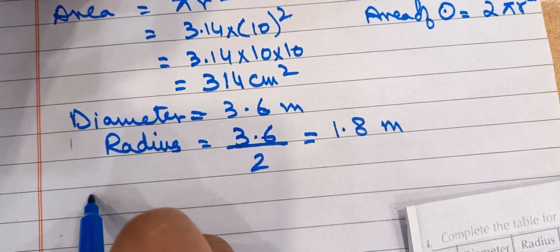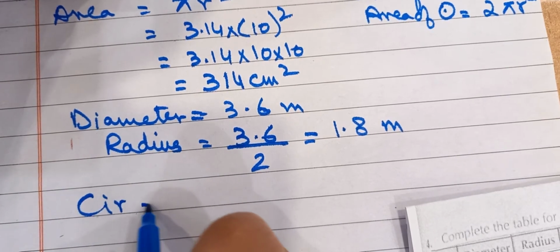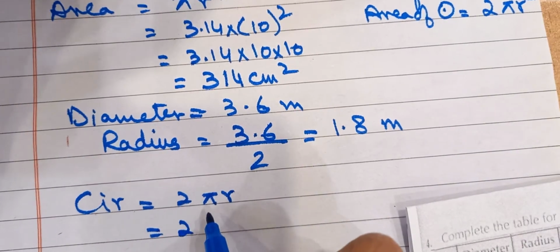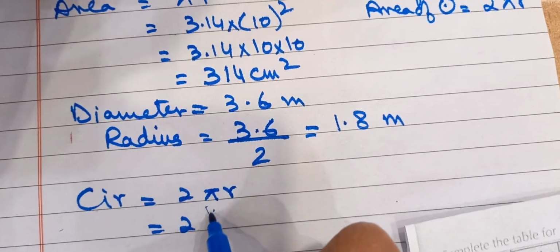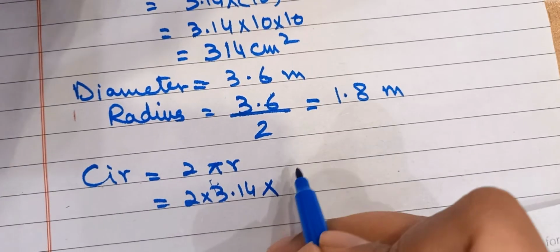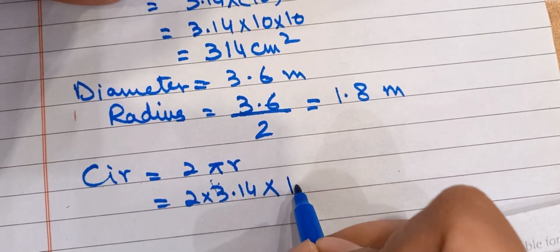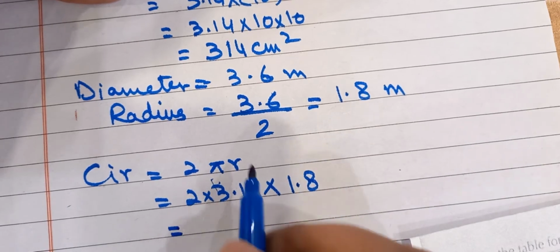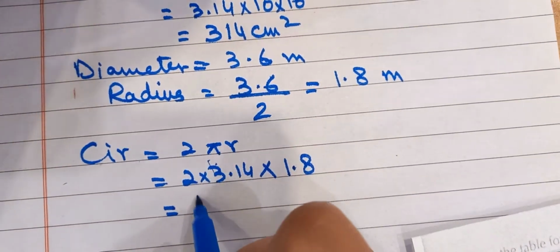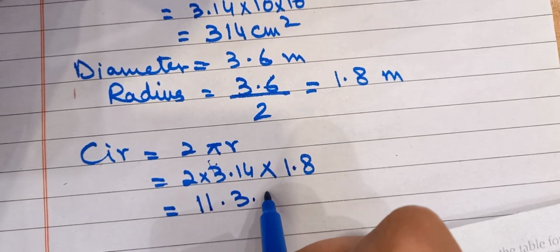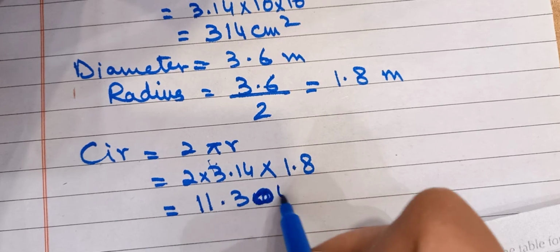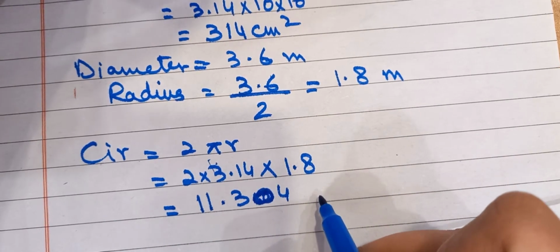Now we have radius, so we can find out circumference. Circumference is equal to 2 pi r. Put in the value of pi, which is 3.14. Write down the value of radius, which is 1.8, and solve it, and what you get is your circumference, which is 11.304.